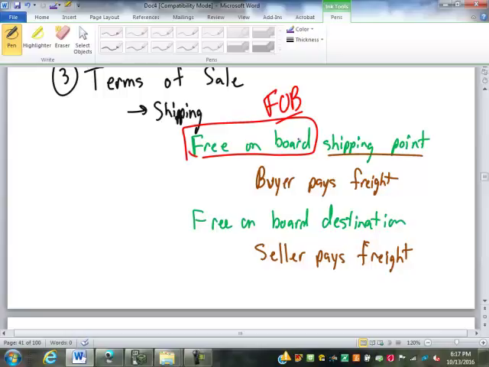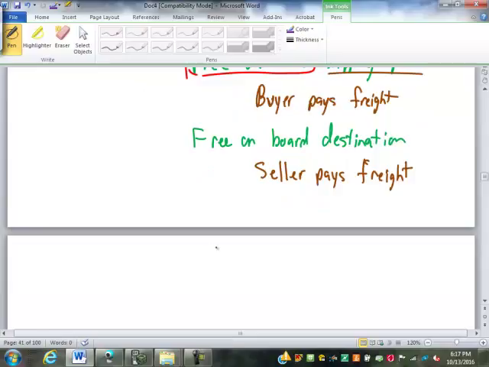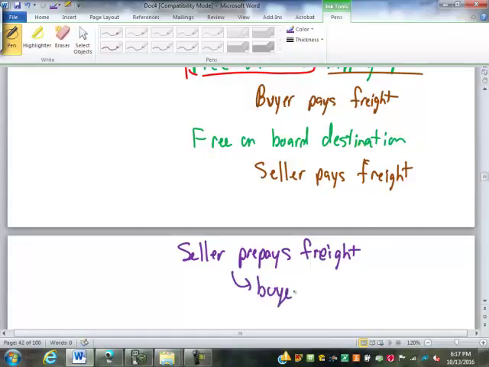Now that most shipping companies are independent from the manufacturer, most of the time what's going to happen is the seller prepays the freight and then the buyer reimburses them.